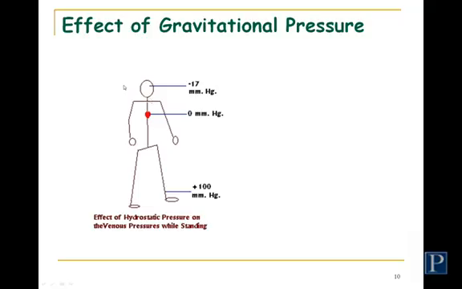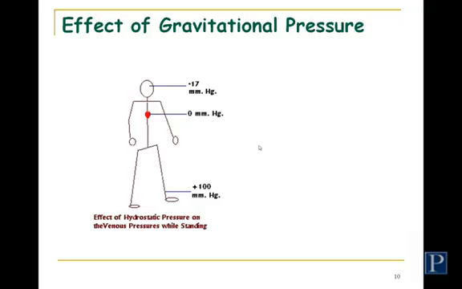Now, if this person was lying down, you don't have the effects of gravity as much. So if I was measuring the pressure at your feet, it would not be 100 millimeters of mercury, because the size of the fluid column is lower if you're lying down than when you're standing up.